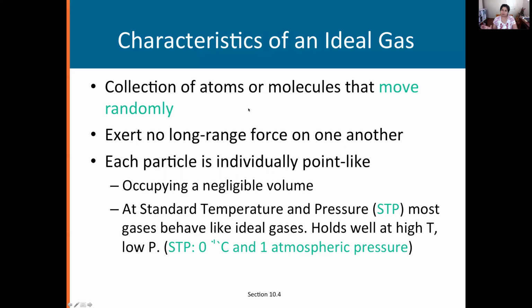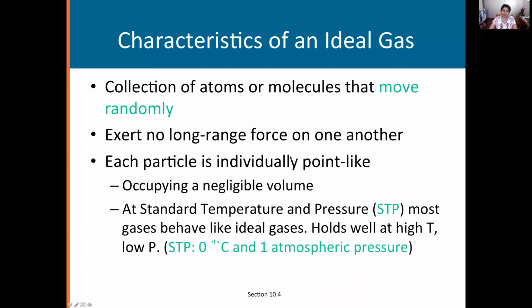So what have we said? The characteristics of an ideal gas are that we have atoms or molecules that move randomly. There are no long-range forces between one particle and the other. Each particle is individually like a point occupying negligible volume.